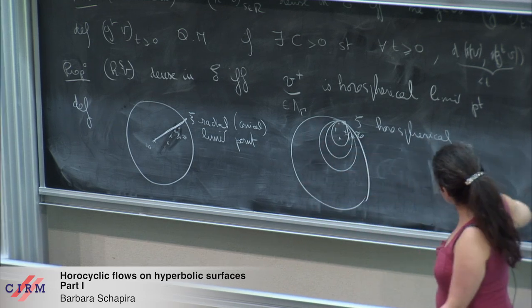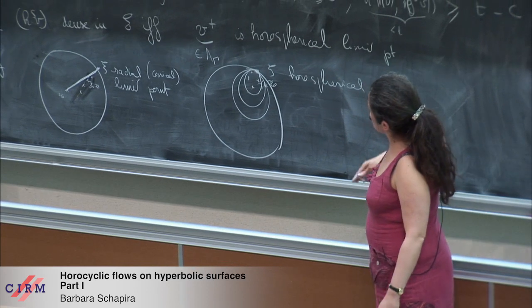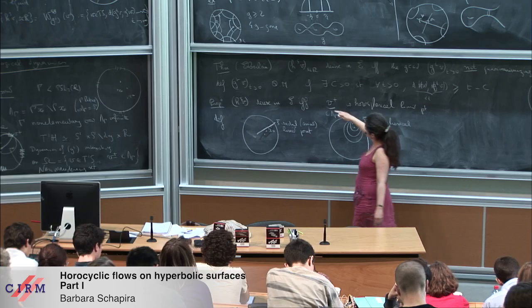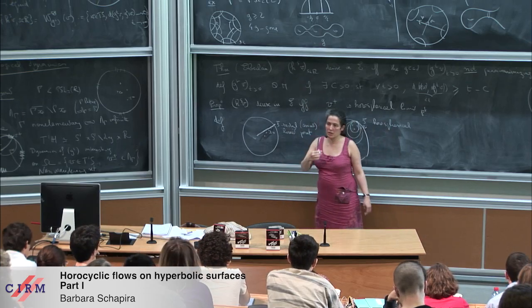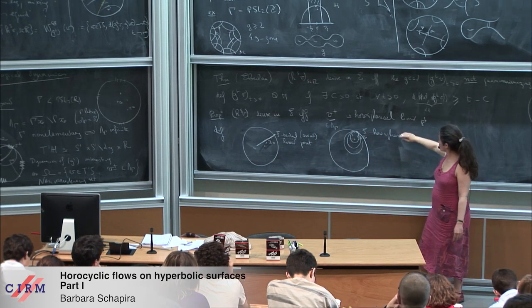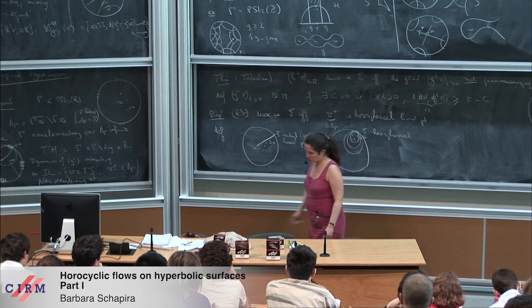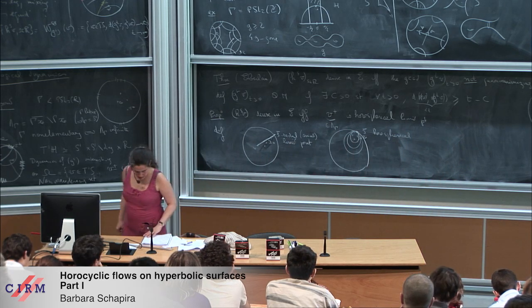And in fact, these two propositions or two theorems say that you can understand if a horocycle orbit is dense in terms of the geodesic orbit or the action of the group on the boundary. That's why these results are important.